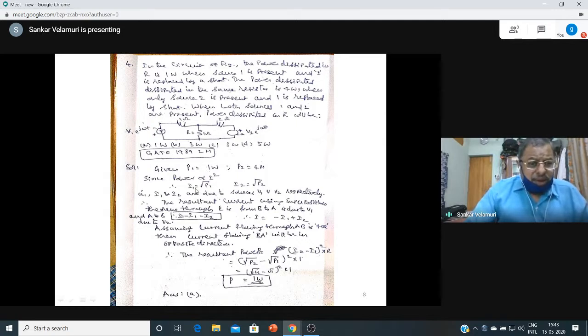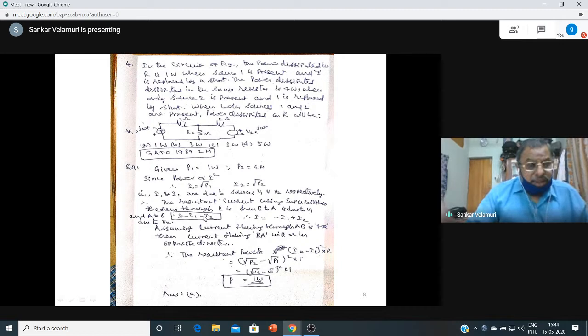So there is nothing wrong in assuming I1 is equal to the square root of P1, later multiplied by R. Similarly, I2 is equal to the square root of P2. So therefore, it is I2 minus I1.